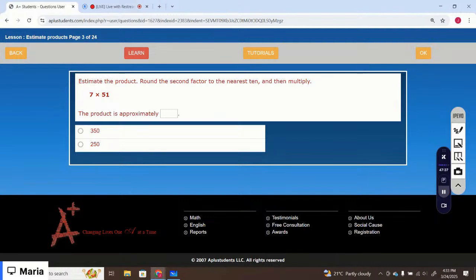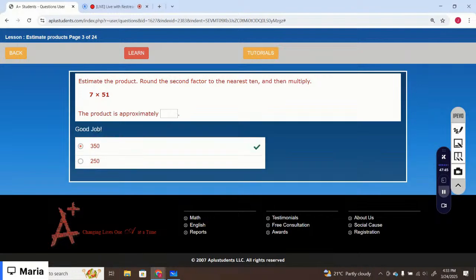The correct option is option number 1. That is 350. Option 1 is the correct option.